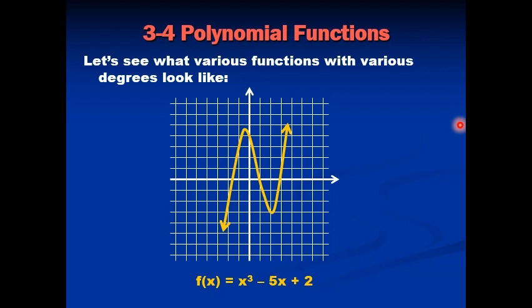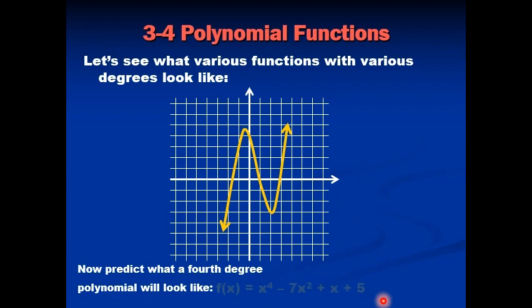Could just be 1, or it could be 3, depending on how many times we cross it. Now we know it's degree 3, which is odd. That means one side is going down and the other side is going up. So at some point we're going to cross the x-axis at least once, but in this case we crossed it 3 times.